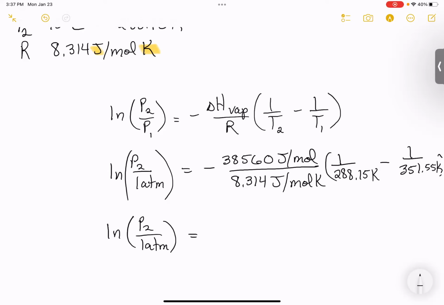When you key it all into the calculator, you get a value of negative 2.90. And you'll notice that all the units have canceled.